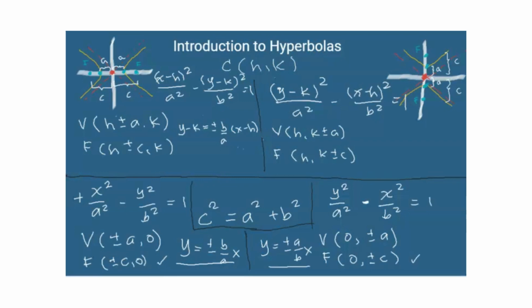And the equation of the asymptotes for the vertical hyperbola would be y minus k is equal to plus or minus a over b, the slope, times x minus h.